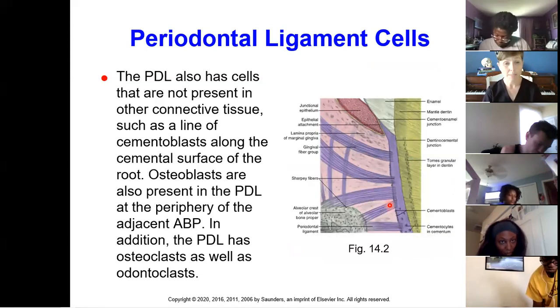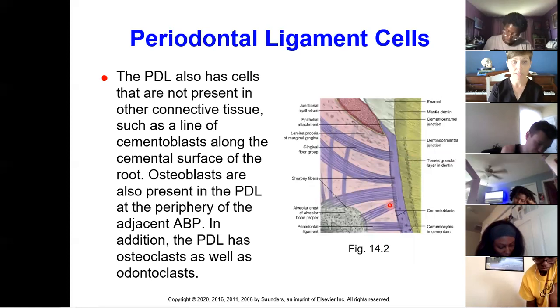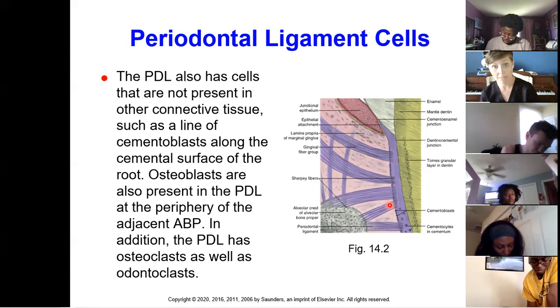The periodontal ligament also has cells that are not present in other connective tissues, such as a line of cementoblasts along the cemental surface of the root. Osteoblasts are also present in the periodontal ligament at the periphery of the adjacent alveolar bone proper. In addition, the PDL has osteoclasts as well as odontoclasts.